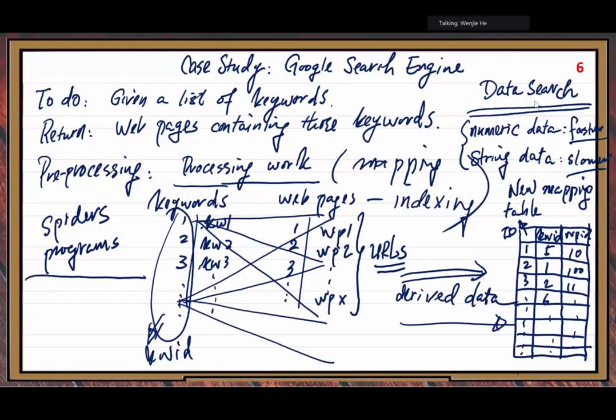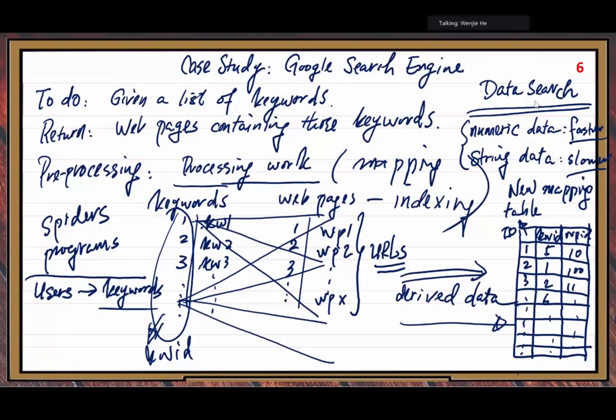Users send the keywords request to the search engine. Then, after the server receives the list of keywords.